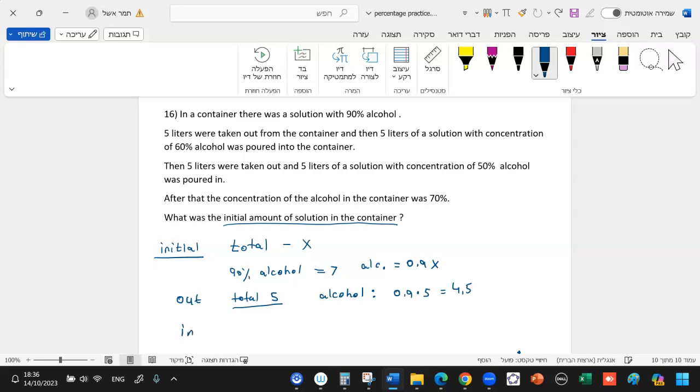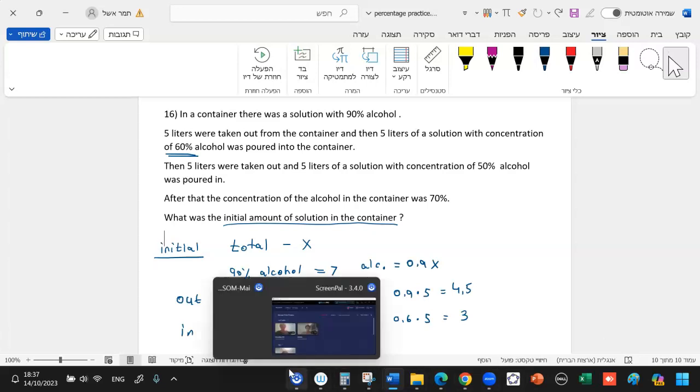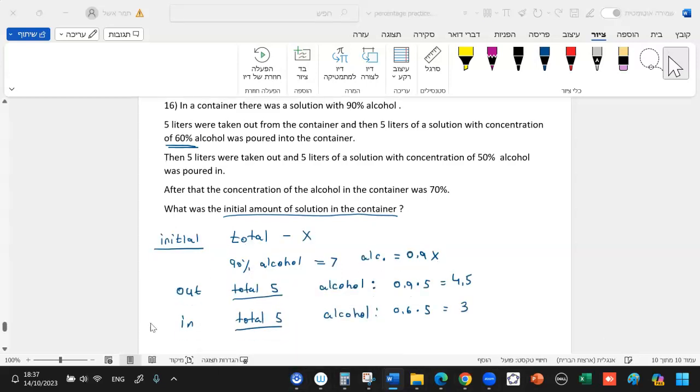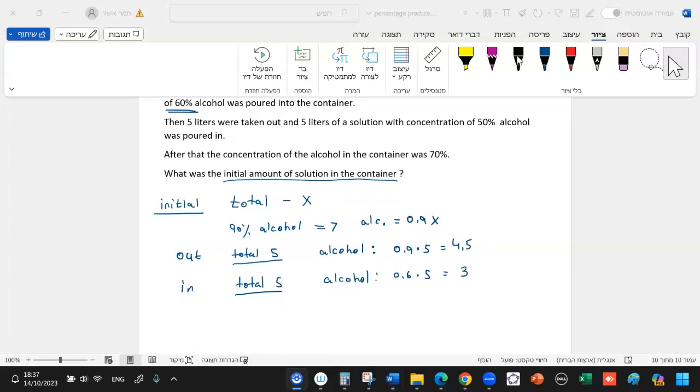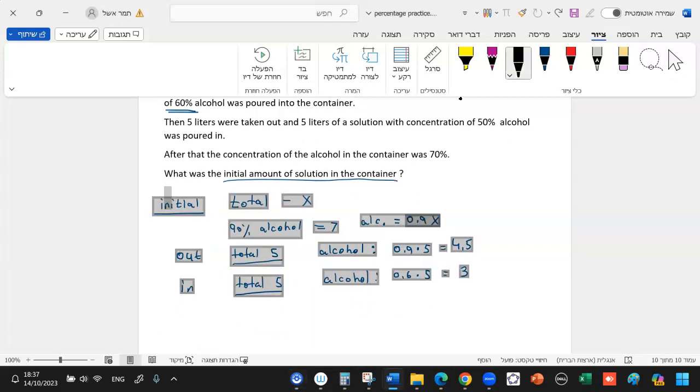And in was poured a total of the same 5 liters. And alcohol of 60%. 0.6 times 5. 3 liters of alcohol were poured in. Let's see what was in the container after this first step.